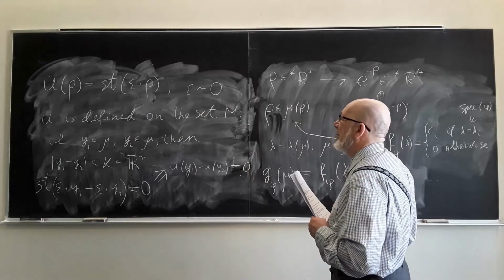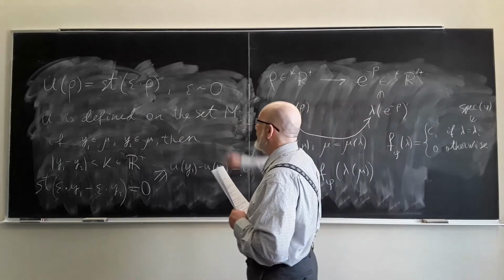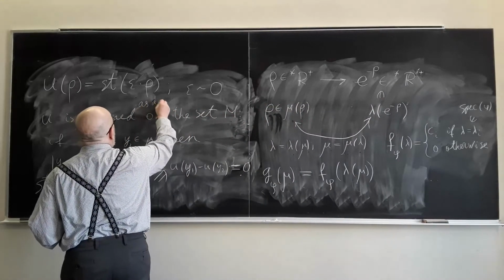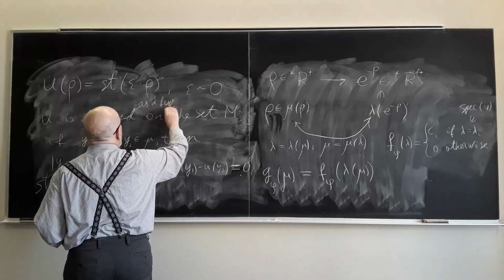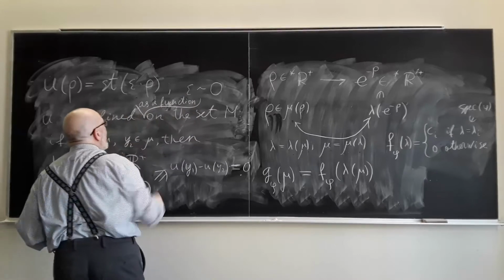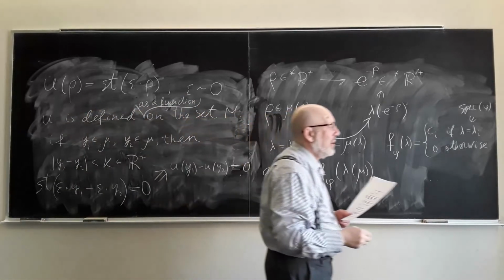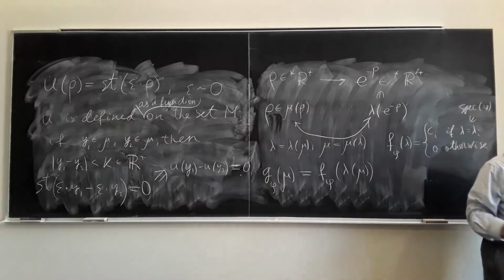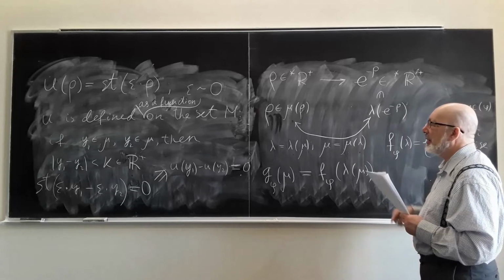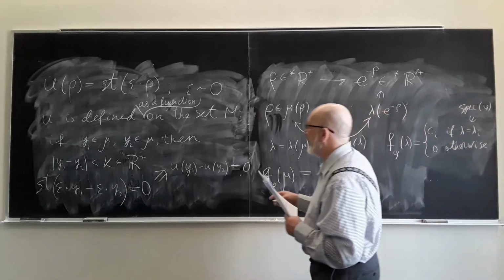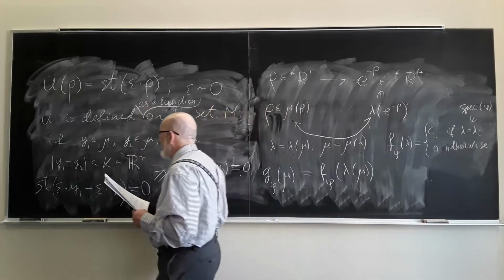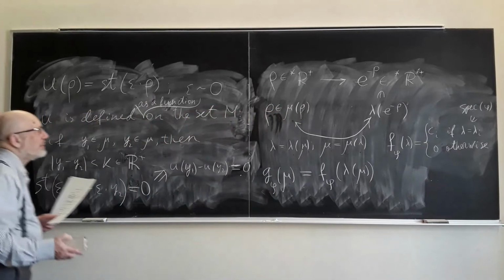The u is defined on the set M as a function on the set M, whose domain are elements of M consisting of functions such that epsilon times these numbers are bounded.